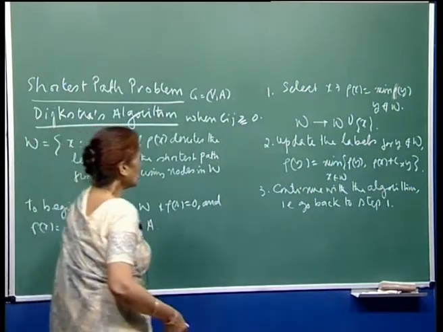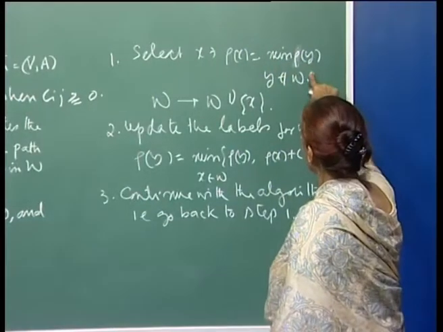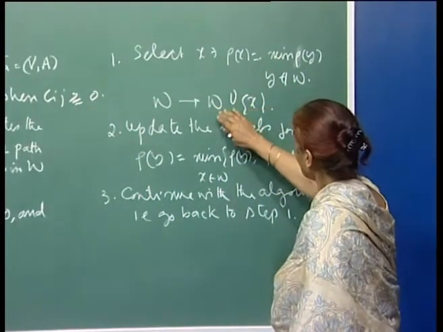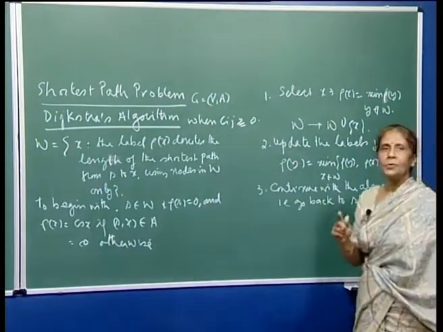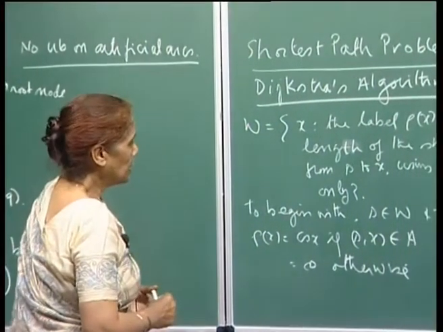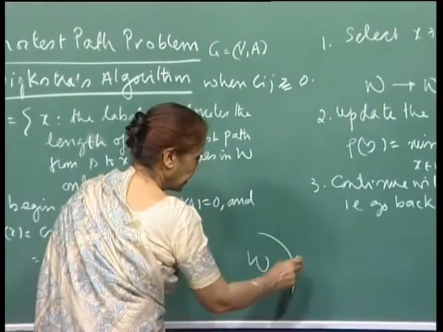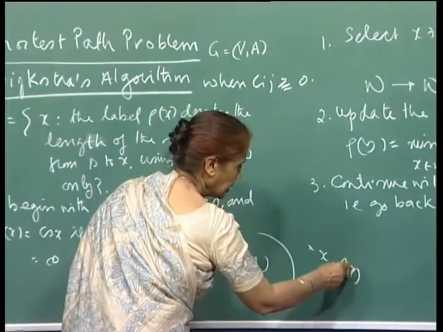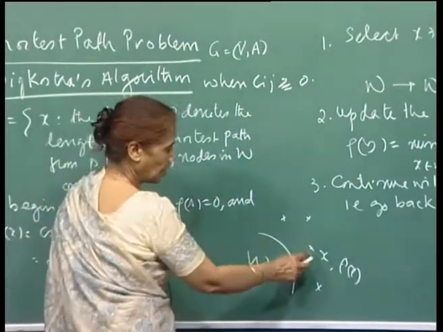So, what I will be saying here is that the moment when you select the node with this criteria, then X becomes part of W, and by our definition rho X must represent the length of the shortest path from S to X. Pictorially, I have this set W here, then I have a node X here, and I say that this is the minimum one, because you have so many other nodes outside W. So, I choose the one which has the smallest label.